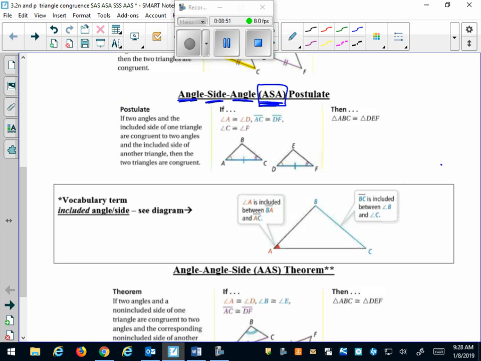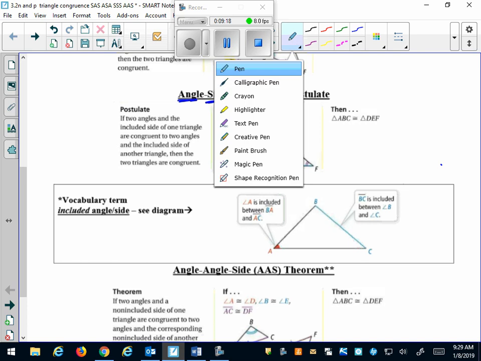So if you look at this diagram here, you're talking about this angle and this angle. There's only one side that connects those 2 angles, and that's AC. So if you think of it as angle A and angle C, the side has to be side AC, the side that's connecting those 2 angles. So again, that is called the included side now.